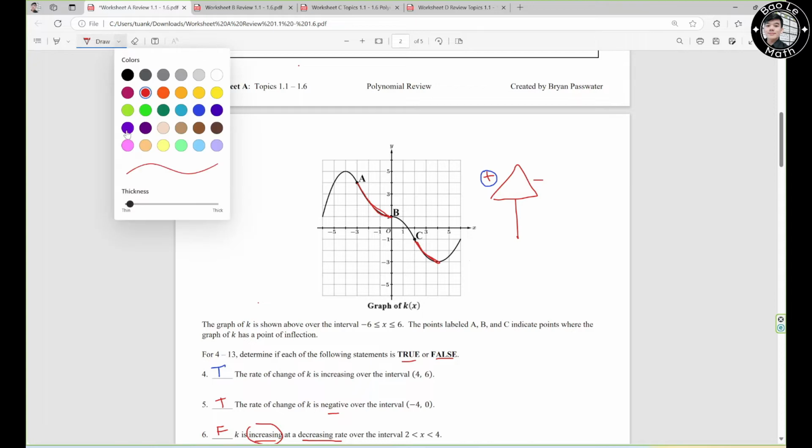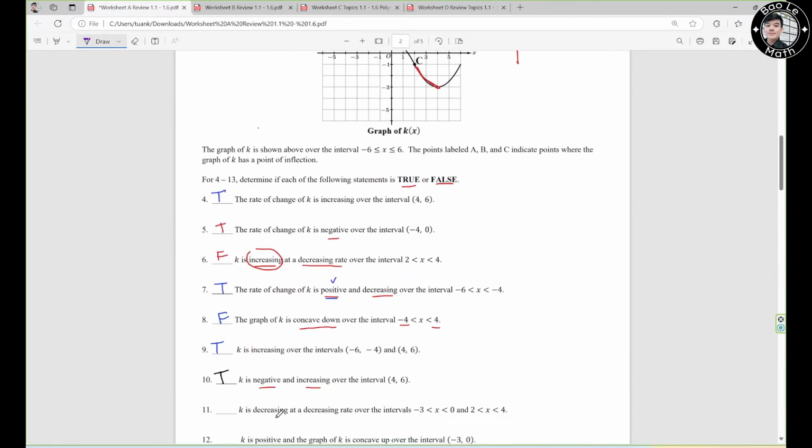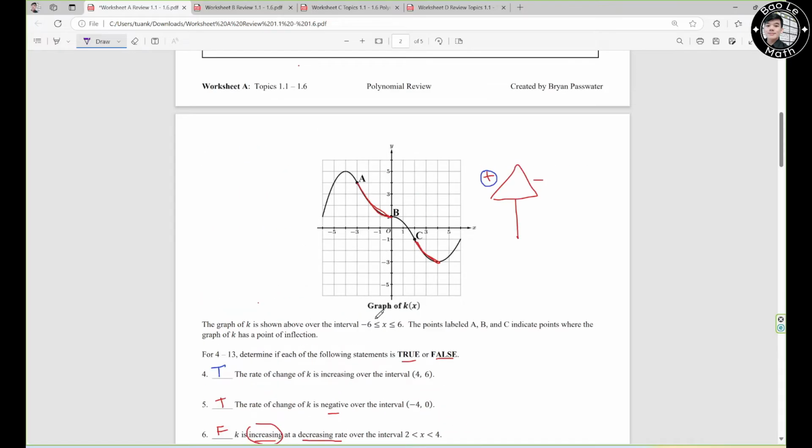Now we're going to check if the function is decreasing at a decreasing rate over these intervals. We draw the tangent line, and we see that the tangent line is going this way, which means the function is decreasing. Good. We draw another tangent line right here, and another right here, and we see that the slope is getting bigger, because if the tangent line is steeper, the slope is smaller.